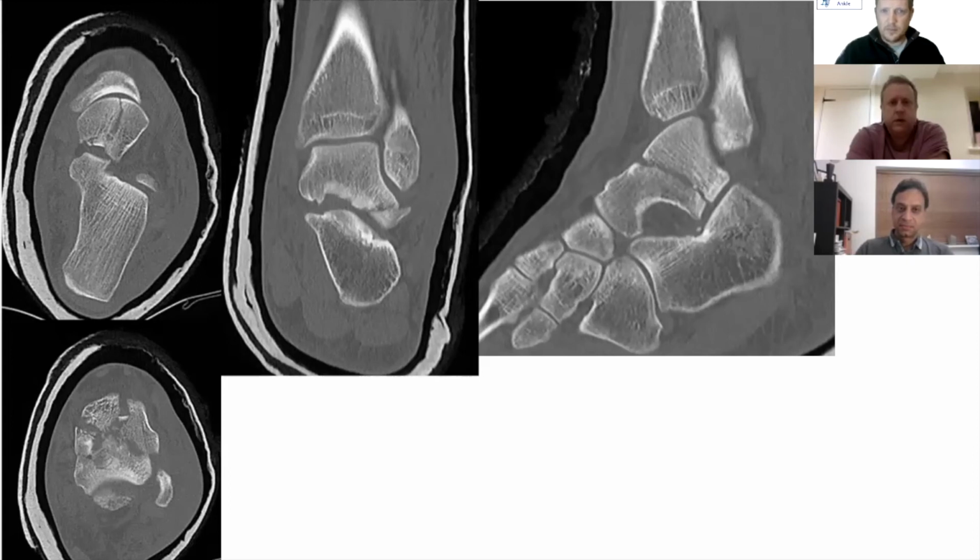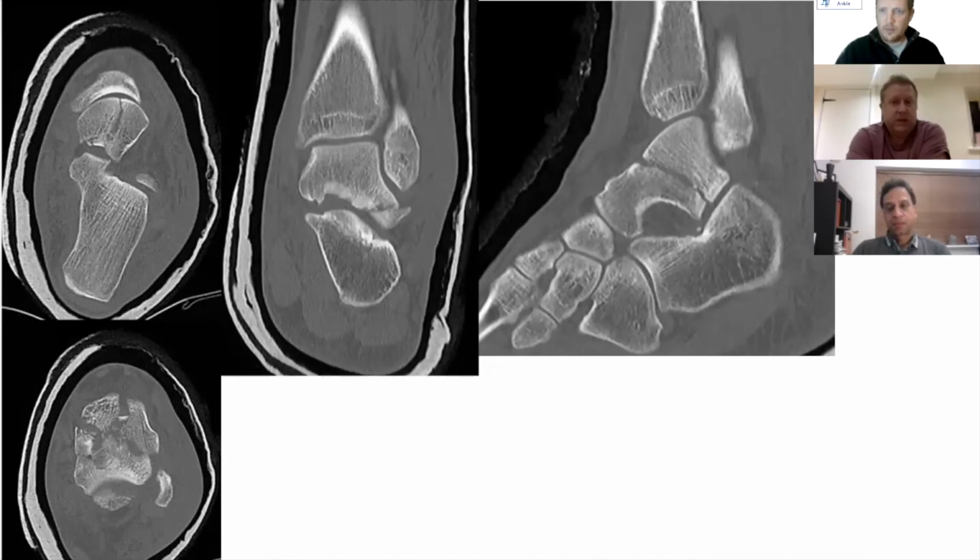The lateral process isn't right. You can see that the body's involved laterally. There's a head split, and then the body is a bit more comminuted when you're looking at it from the coronal plane. You can see the splits there.